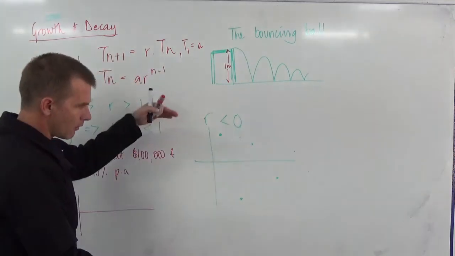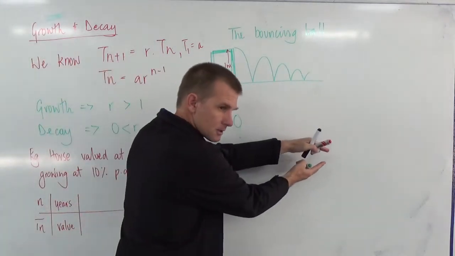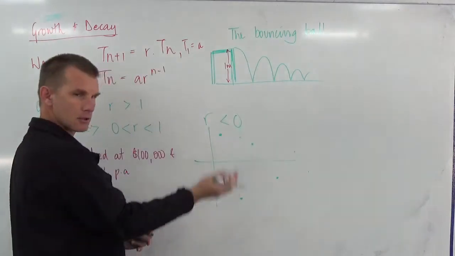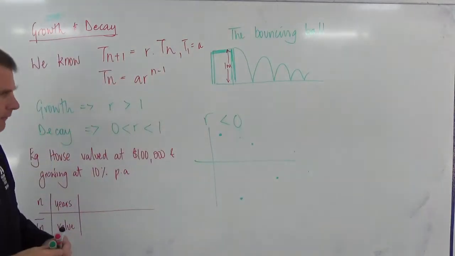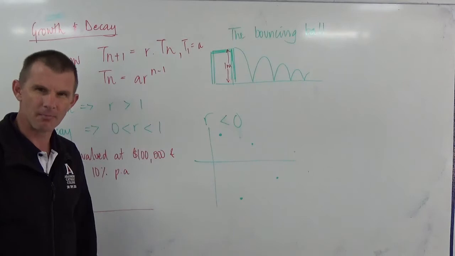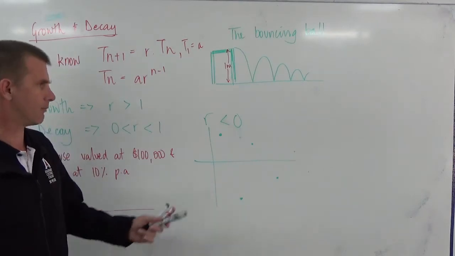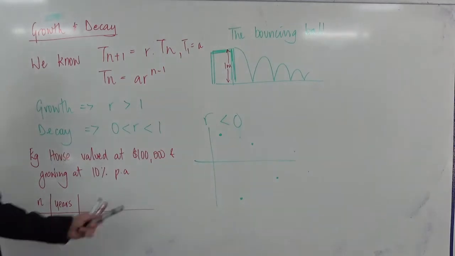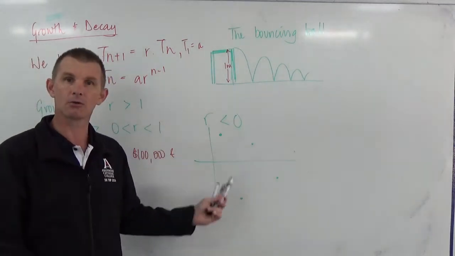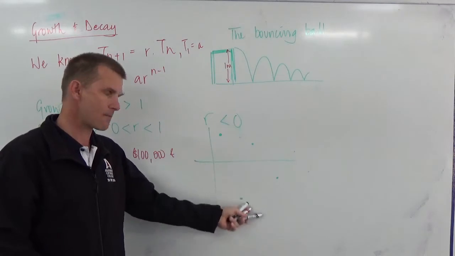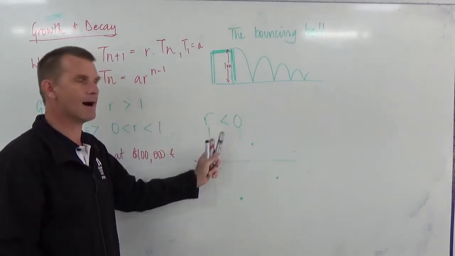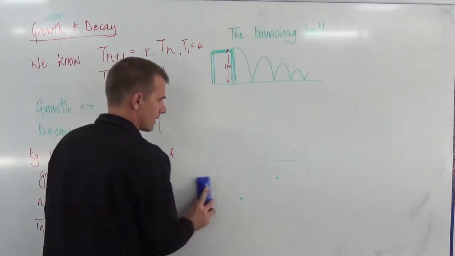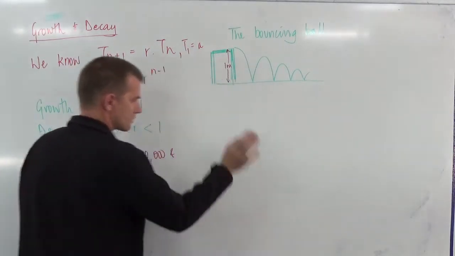And it will either be converging like this, or it may be diverging. But either way, it's going to flip positive, negative, positive, negative. Now that's not actually going to be much benefit to us in practical examples, so you're unlikely to see anything like this. But you might be given a graph like this and asked to write the formula. If you see this happening, that's your key that R has got to be negative in this case because it's going positive, negative, positive, negative. That's just a little extra.